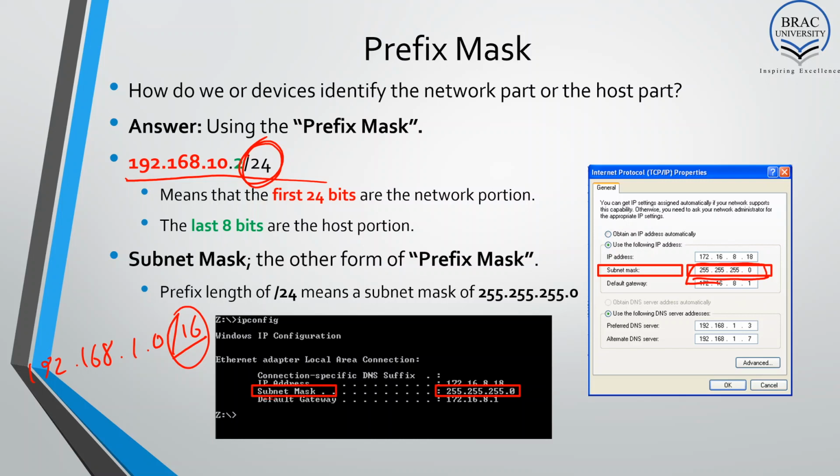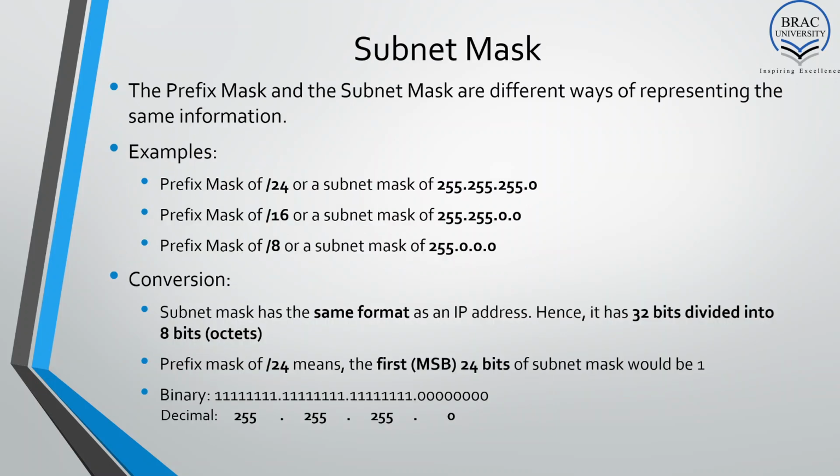The subnet mask is the other form of prefix length. When we write it in slash notation, it is called the prefix length or the prefix mask. When we convert it to an IP address format, it's called the subnet mask. So the prefix mask and the subnet mask are different ways of representing the same information. A prefix mask of 24 means 255.255.255.0.